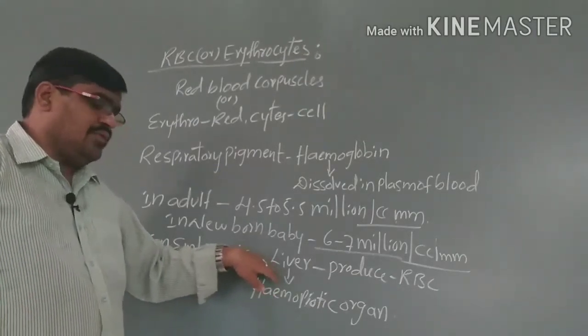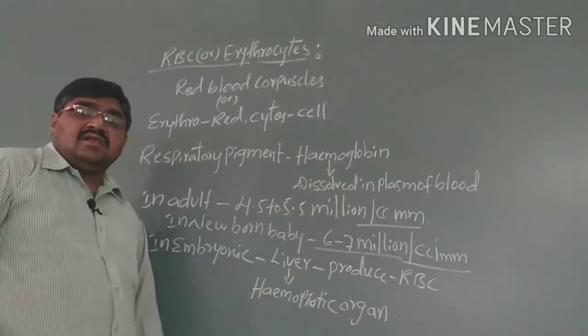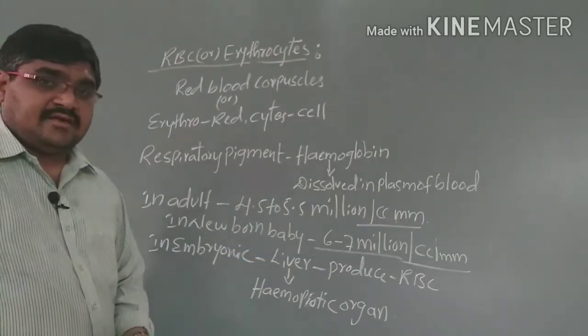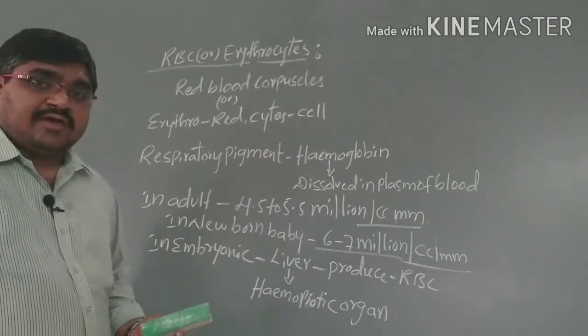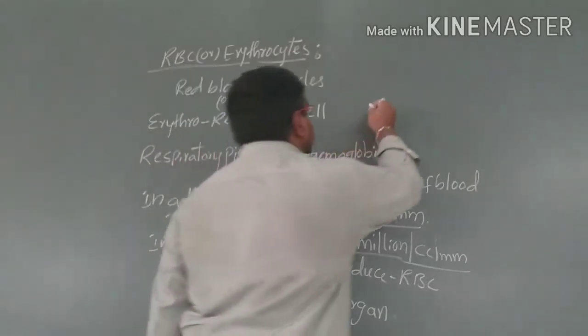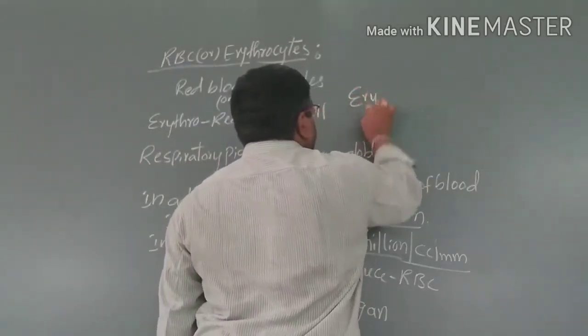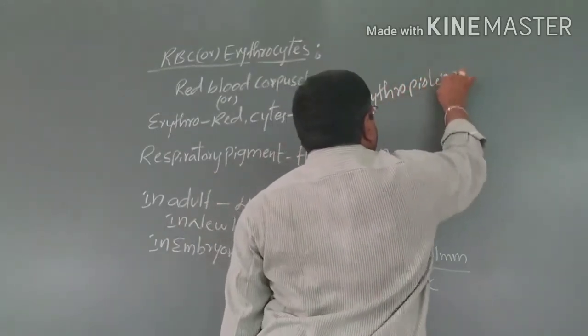Also, there is a naturally occurring hormone in our body, which we call erythropoietin.